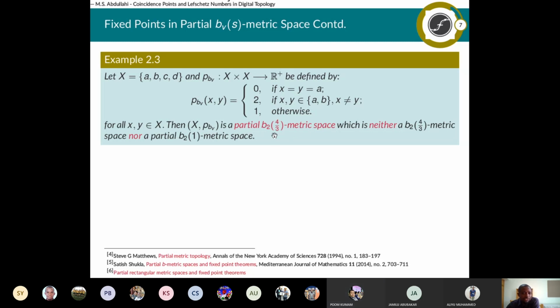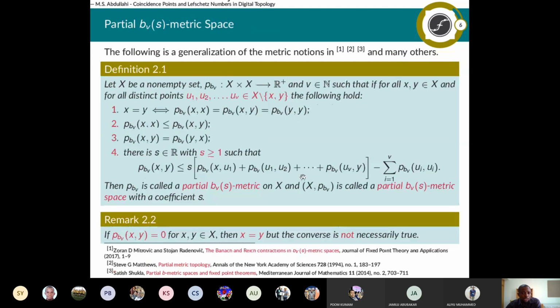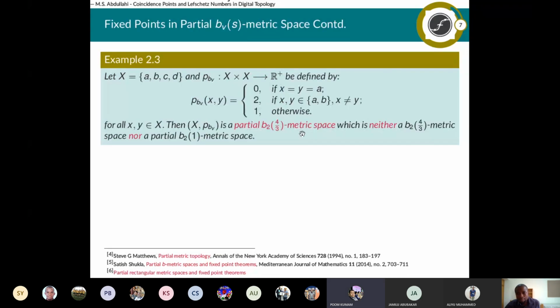What I mean by this is that here my v is going to be 2, and my s is going to be 4/3, which is greater than 1. But this function will not give us a partial b_2 1 metric.